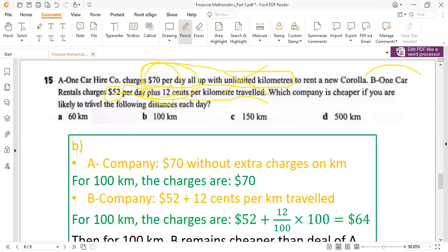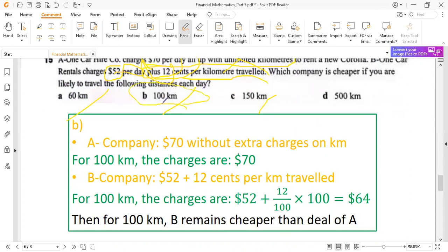Normally we want to find, for each indicated number of kilometers traveled, which company is cheaper. So I want to search for the cheapest company if the car travels 100 kilometers.